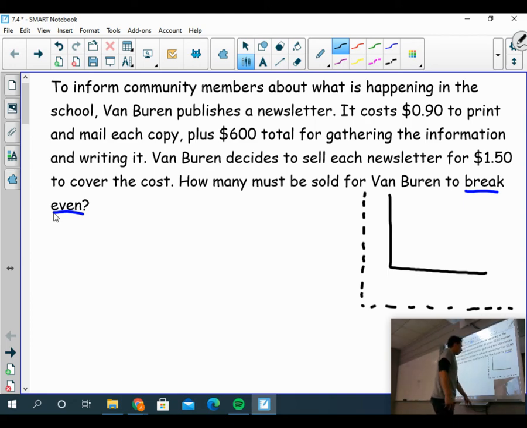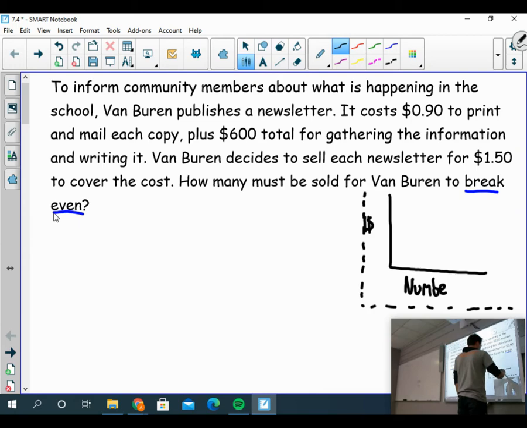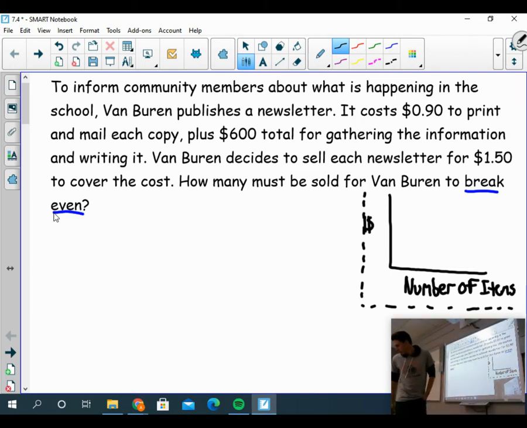When we think about any business, we'll have dollars on the y-axis and number of items sold. Every business is going to start out not making money. What do I mean by this?